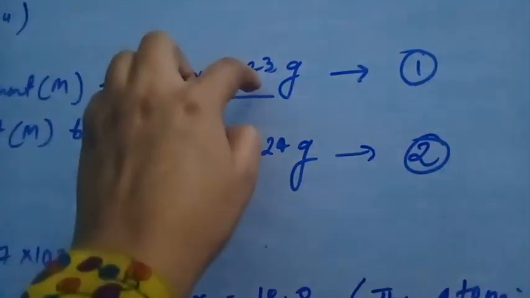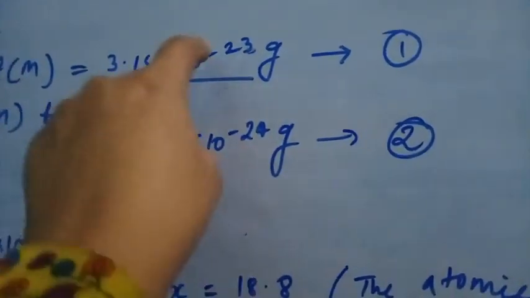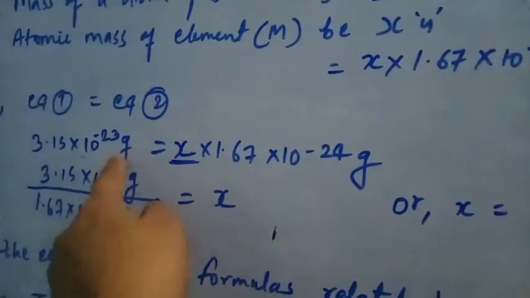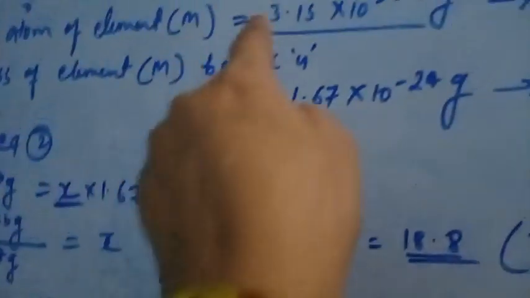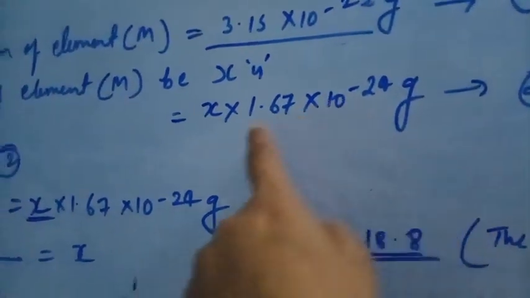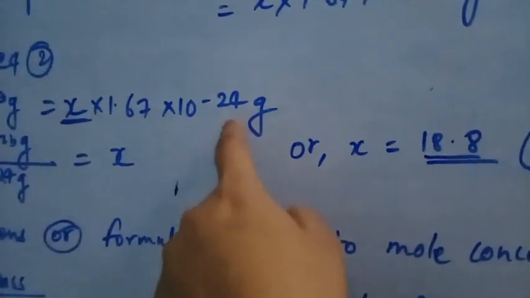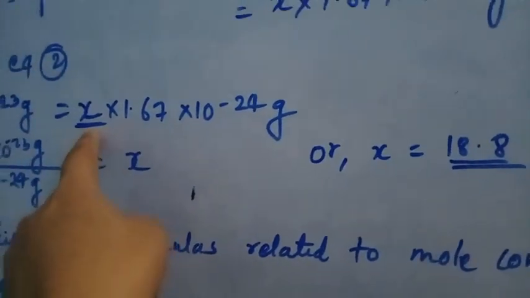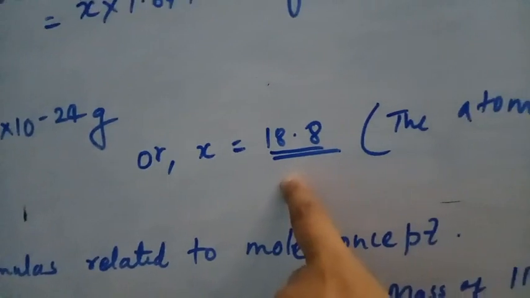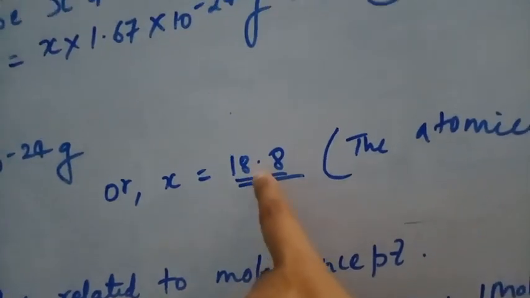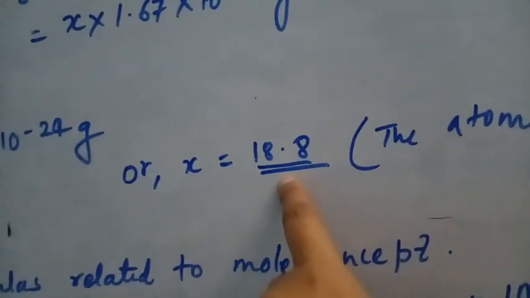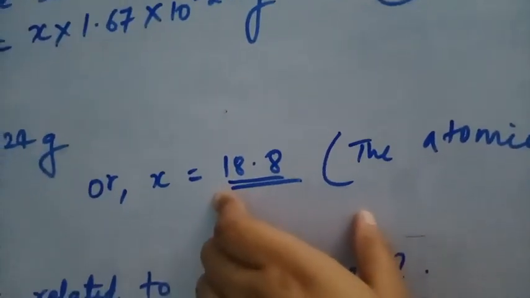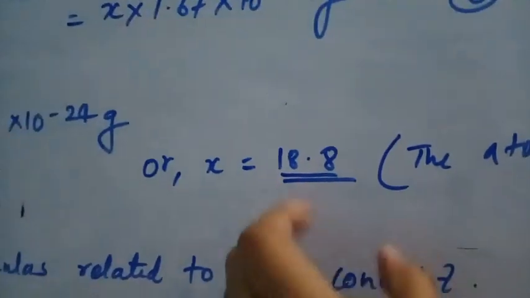So we will equalize equation 1 and 2, and we will get 3.15 into 10 to the power minus 23 gram is equal to X into 1.67 into 10 to the power minus 24 gram, and from this equation we will solve X. We will get 18.8, which shows the atomic mass of the element M, and this is nothing but the atomic mass of fluorine.